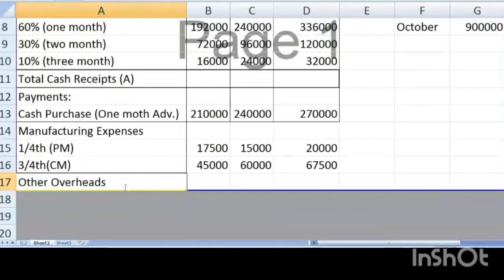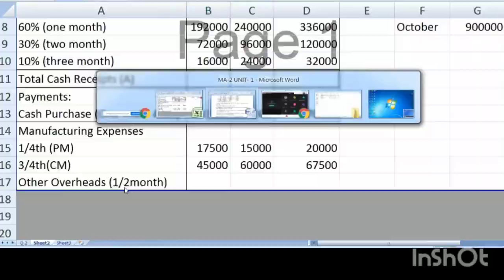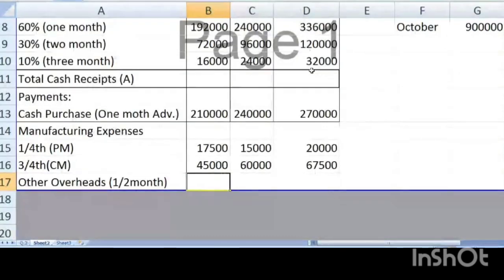How we deal with the half month credit? 1/2 month credit means previous month plus current month divided by 2. So for July, 70,000 plus 80,000 divided by 2. What your answer is? 75,000.